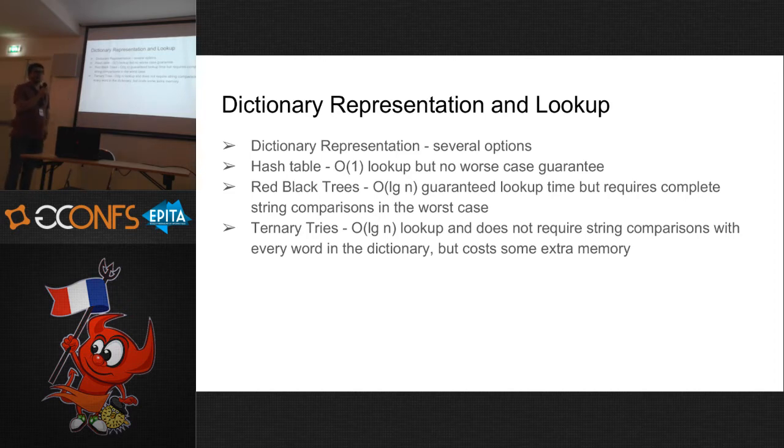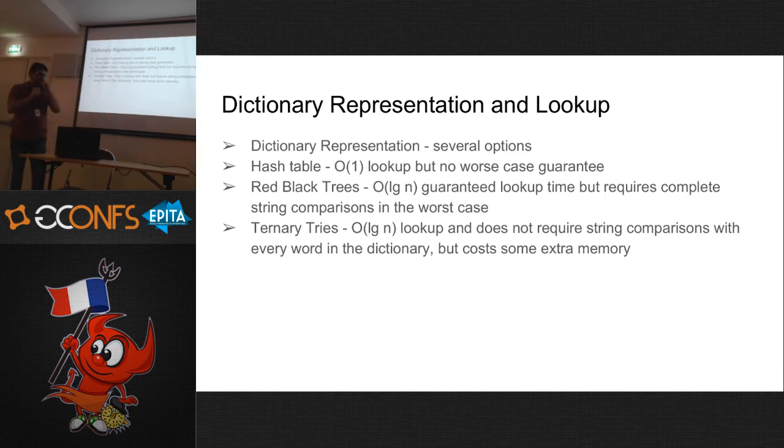We need a fast lookup data structure to represent this dictionary in the memory. We could use a hash table, but it does not guarantee worst case performance. If the dictionary is huge, it might have a performance impact. Even though normally a hash table guarantees O(1) performance, in the worst case it might become linear.